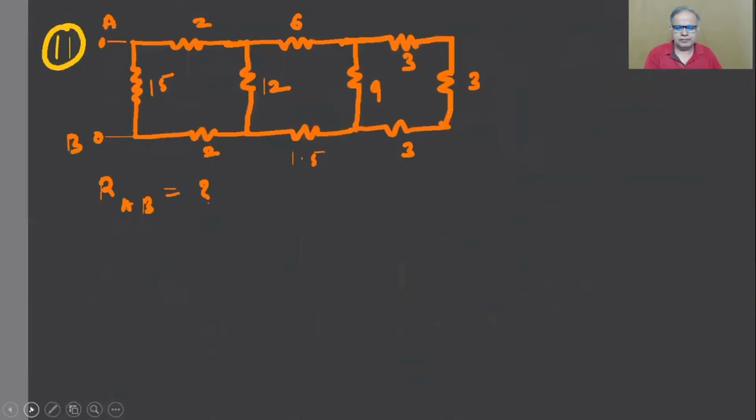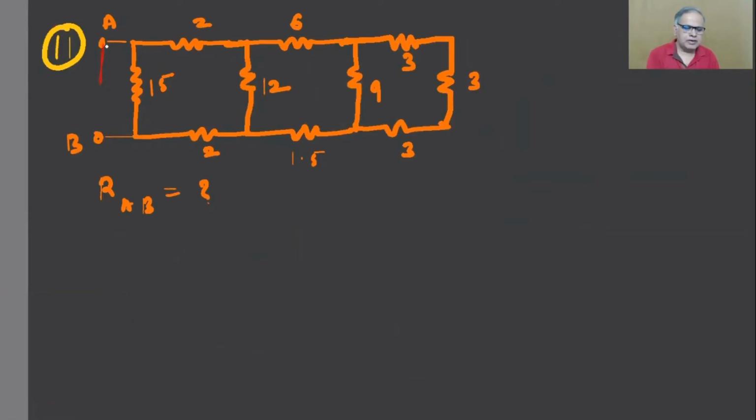This one. Between A and B, find out the equivalent resistance. Look, what will happen if I connect the cell like this here.